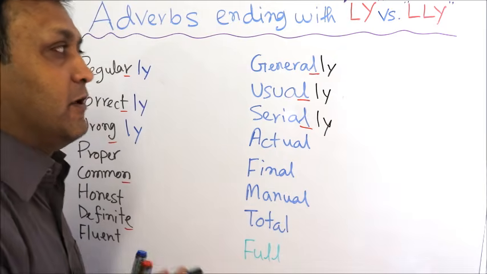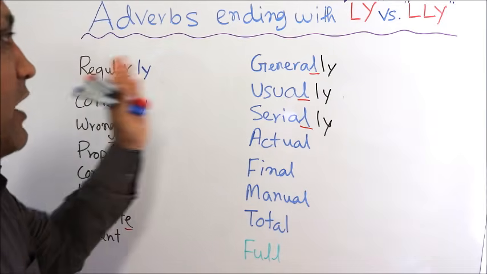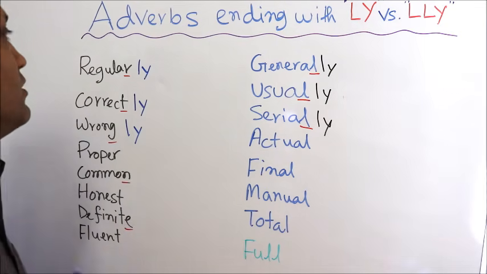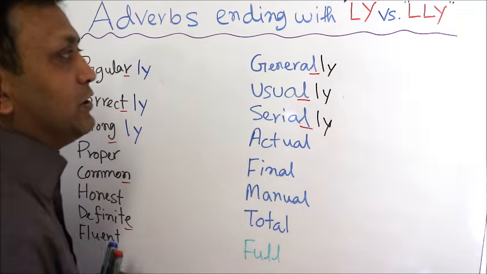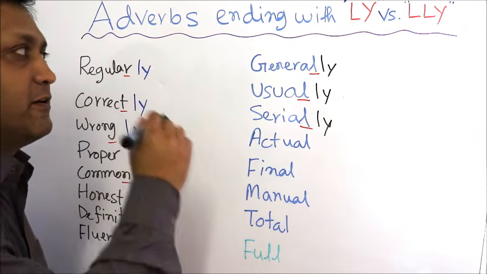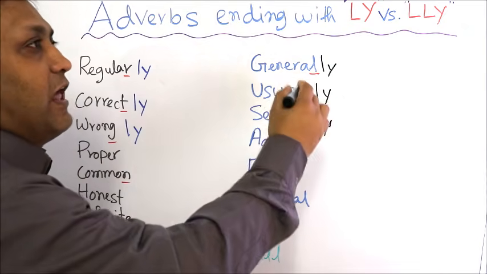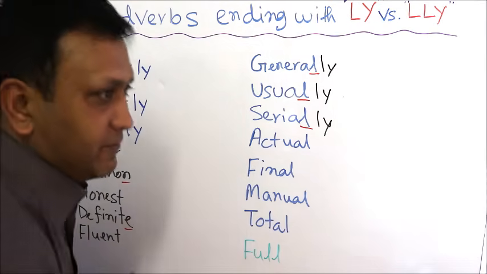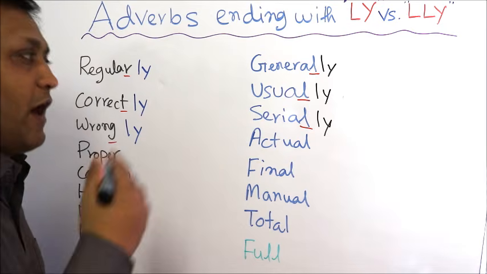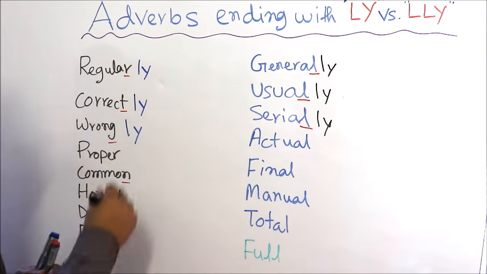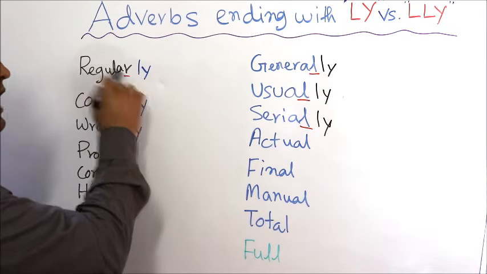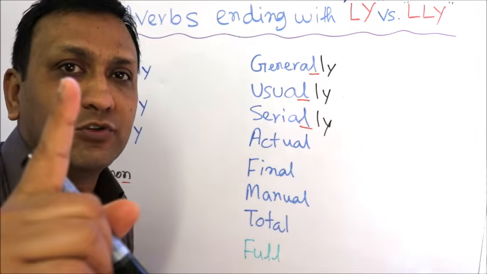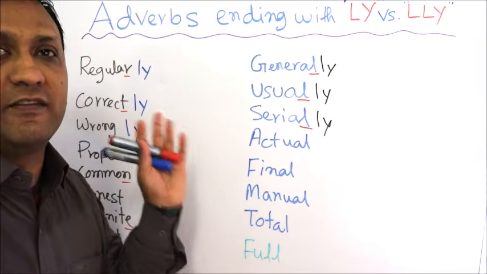So the difference between these two types of words is the word that ends with L. To make that word an adverb, we add another L, then Y, which looks like double ly. In fact, it is. On the other hand, the word that doesn't end with L, we simply add one L to it and Y. That's it.